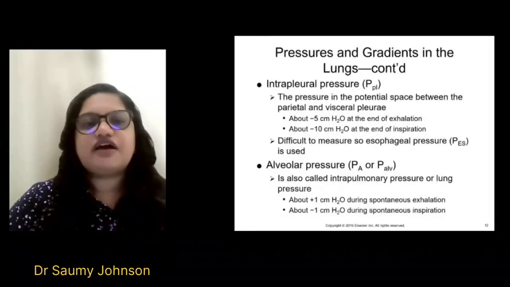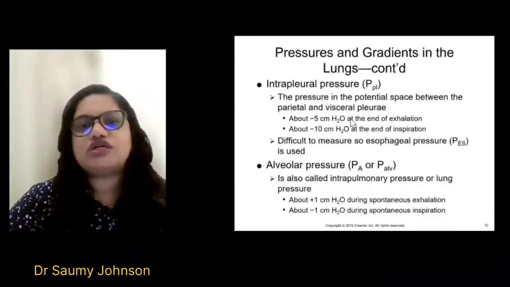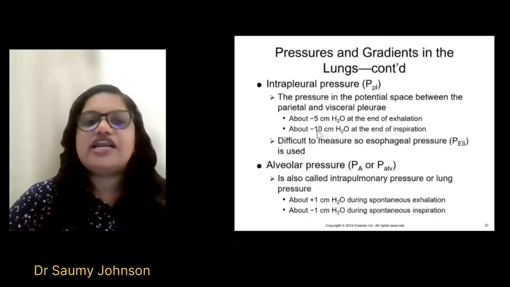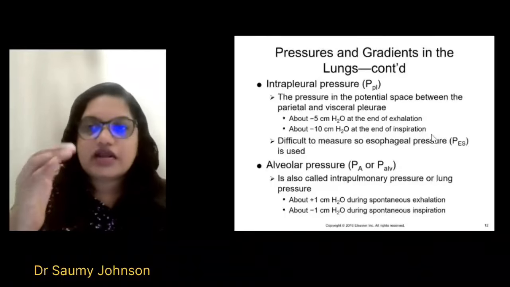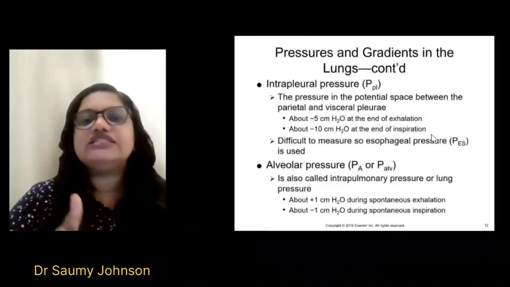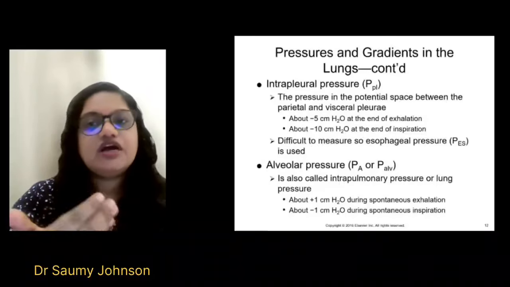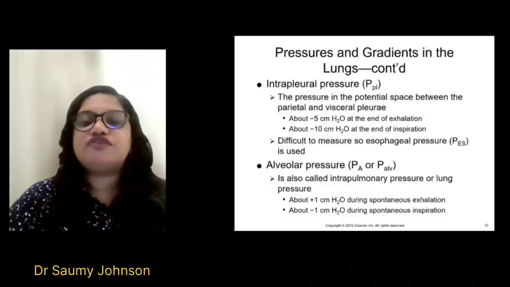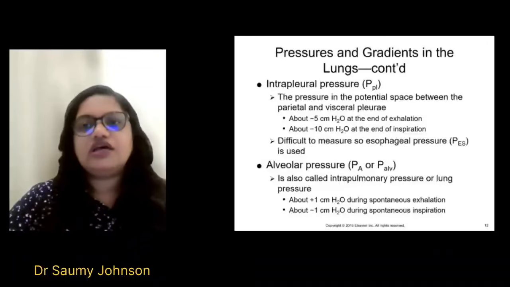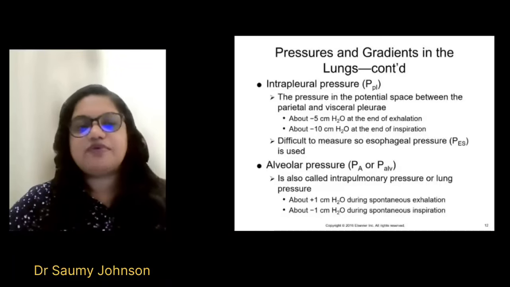It is about minus 5 centimeters of water at the end of exhalation, and about minus 10 centimeters of water at the end of inspiration, so it becomes more negative as the individual breathes in. It is difficult to measure, so esophageal pressure is used to measure the intrapleural pressure.